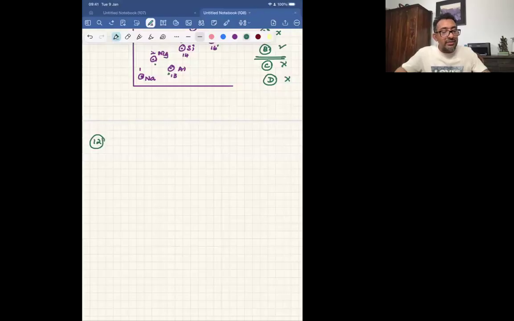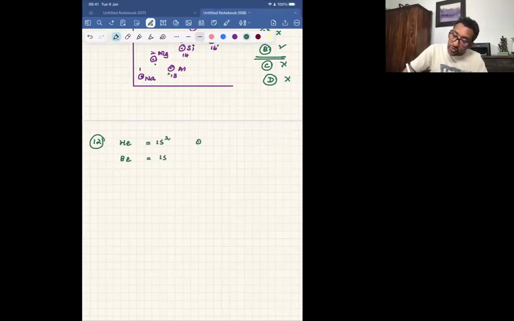Which one of the following atoms has only two unpaired electrons in its ground state, lowest energy state? Helium means 1s2, no unpaired electrons. Beryllium, 1s2, 2s2, again no unpaired electrons.